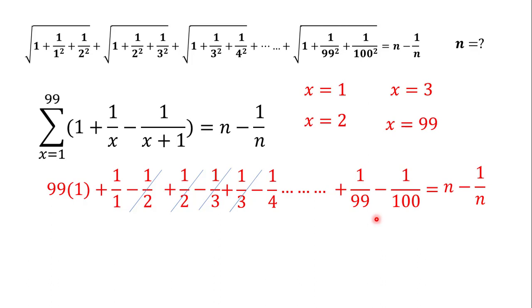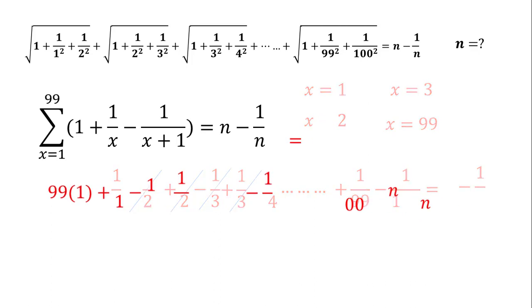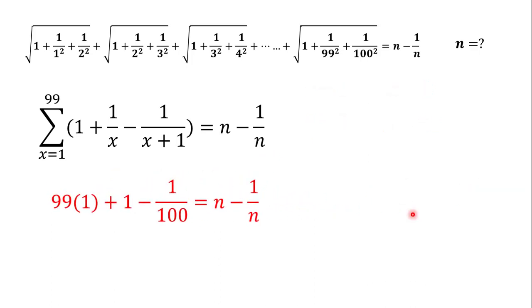The intermediate terms cancel out each other, leaving only the initial term and the last term. We have 99 times 1 plus 1 minus 1 over 100 equals n minus 1 over n.